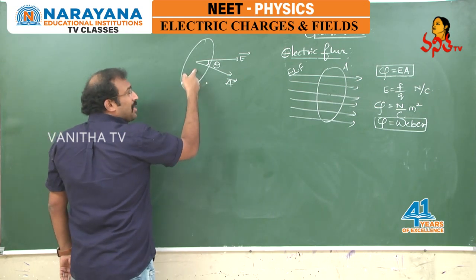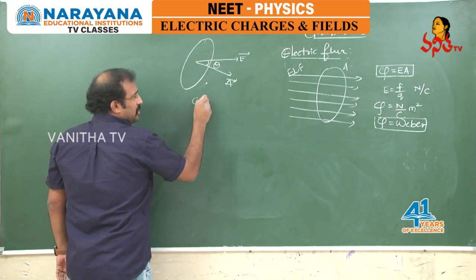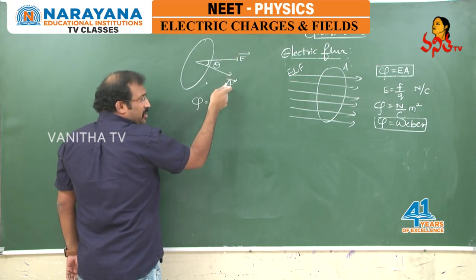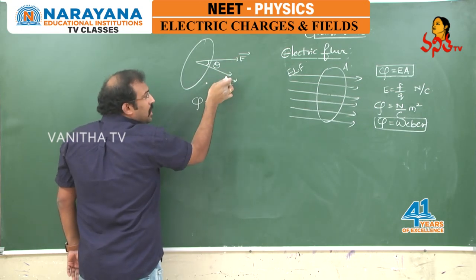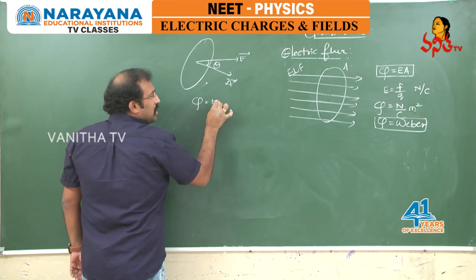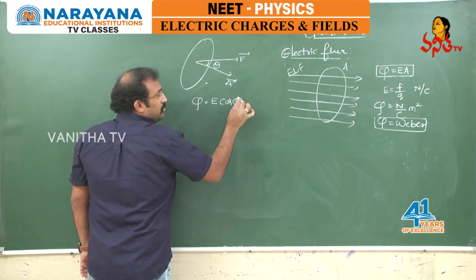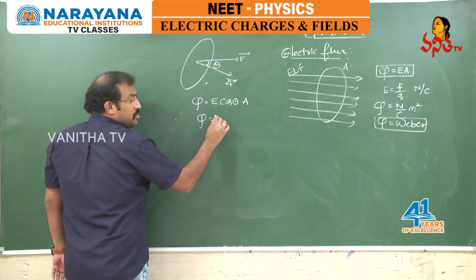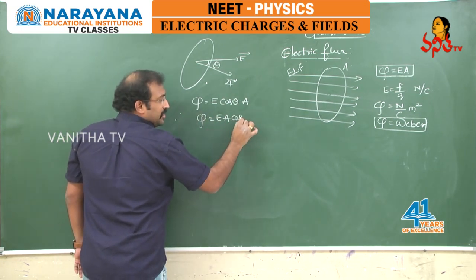Then the electric flux through this given surface is given by the component of this field in the direction of the area vector, which is E cos theta. So E cos theta into the magnitude of this area A. Therefore, flux is equal to EA cos theta.